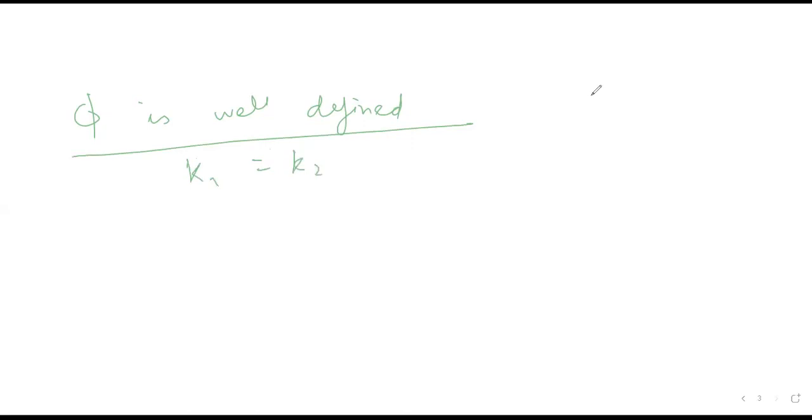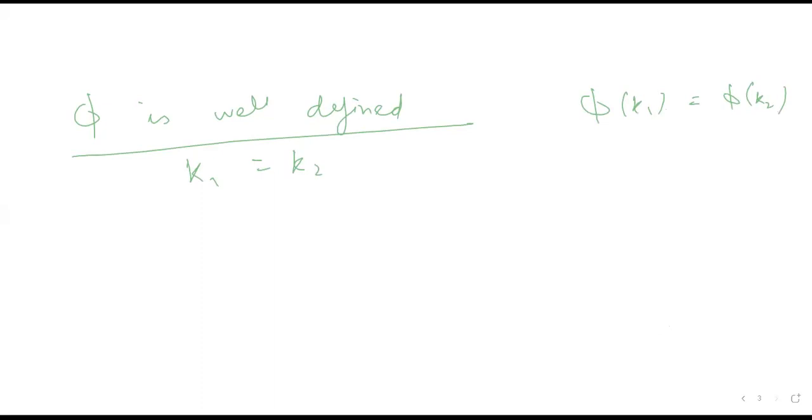Okay, now let's prove phi is well defined. How to prove phi is well defined? Anyone? What's the process of proving anything well defined? That you take two elements, that is k1 equal to k2, and then you have to prove that phi of k1 equals phi of k2. Right? This is the process. Is it clear?